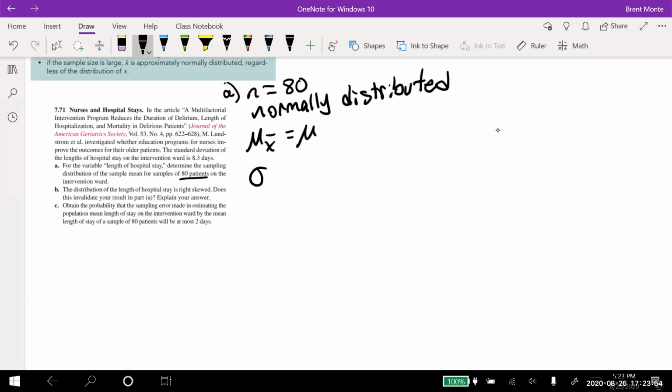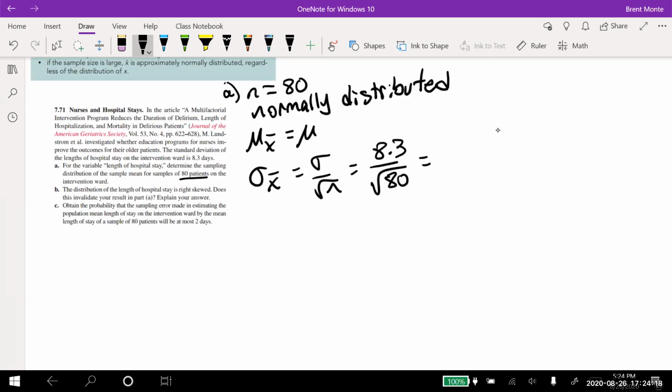What else do we know? We know sigma sub x bar is sigma divided by the square root of n. Well, in this case, they said the standard deviation was 8.3 days. N we know is 80, so it's divided by the square root of 80. I'm going to go out to 3 decimal places because I'm going to do some calculations.